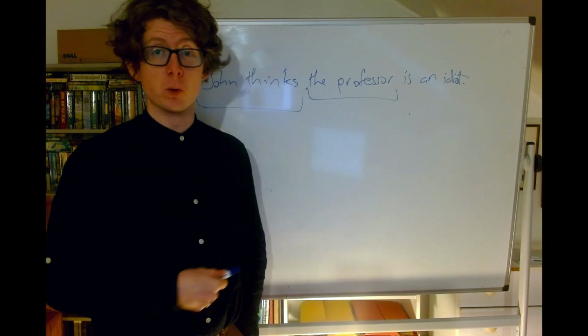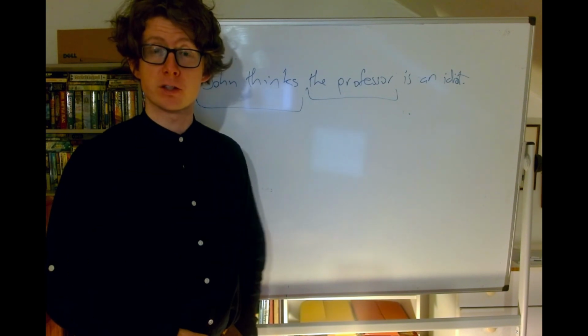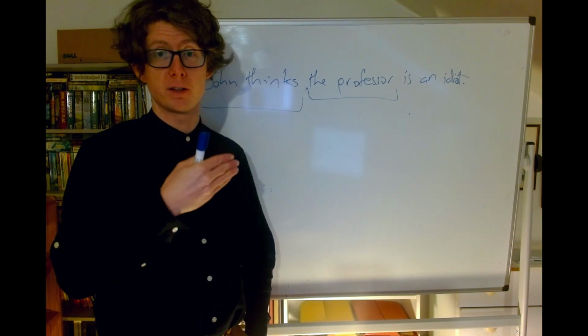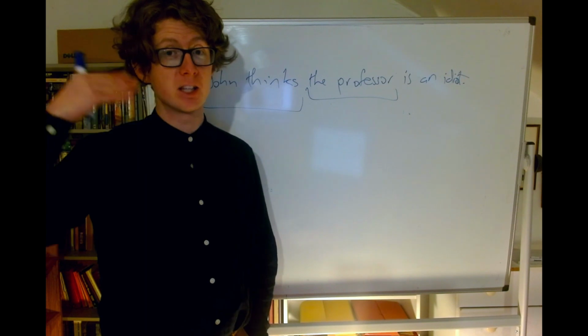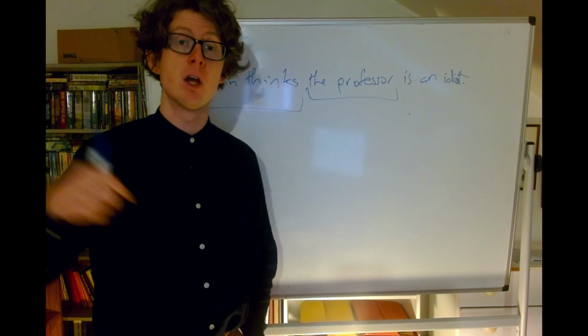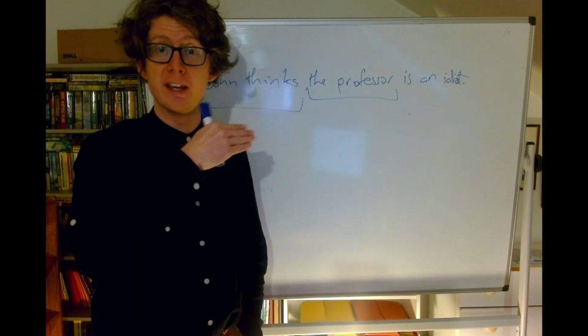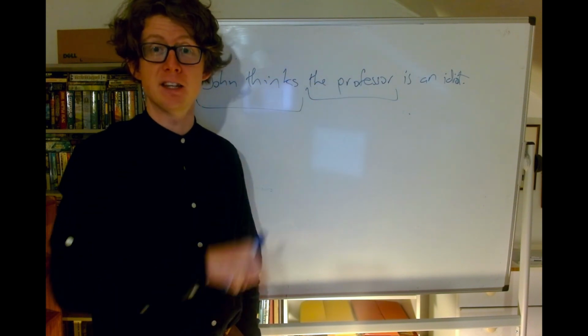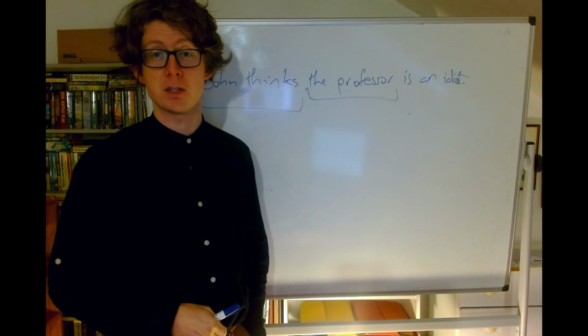And I say to you, well, clearly John thinks the professor is an idiot. There, what I'm doing is I'm not saying that John is thinking the professor, whoever he is, is an idiot. Rather, I'm saying that John is thinking about that guy over there in particular, thinking that he is an idiot, and that guy happens to be the professor.